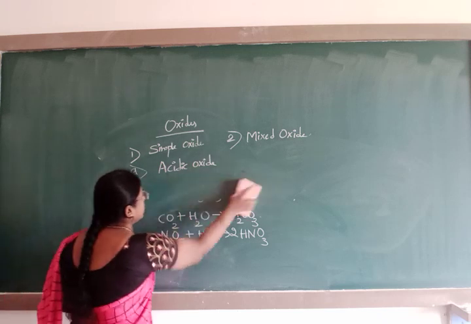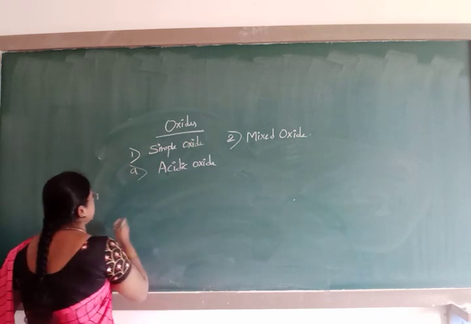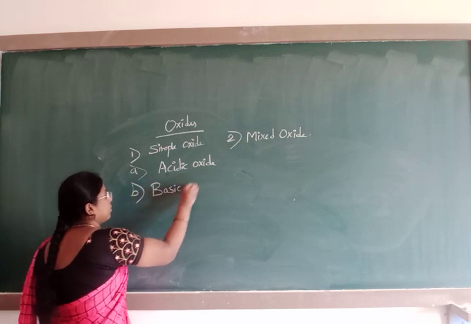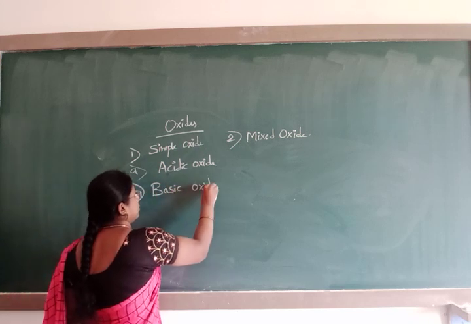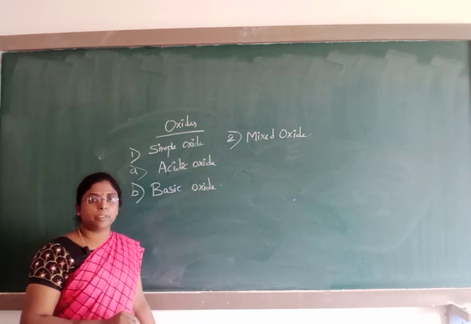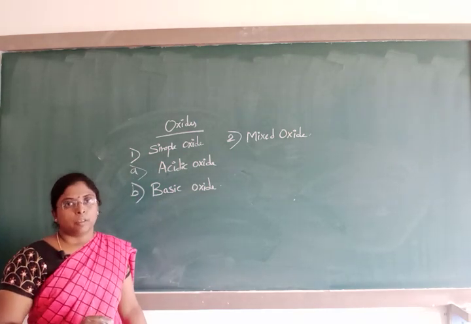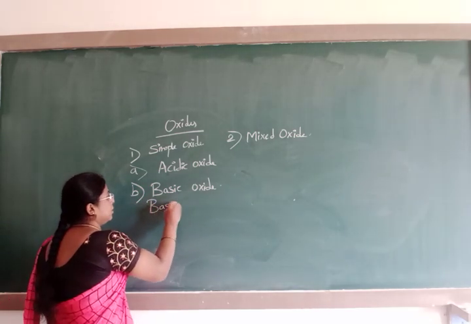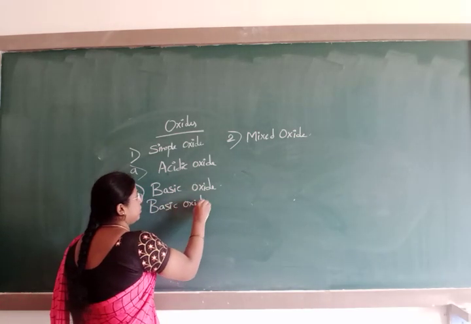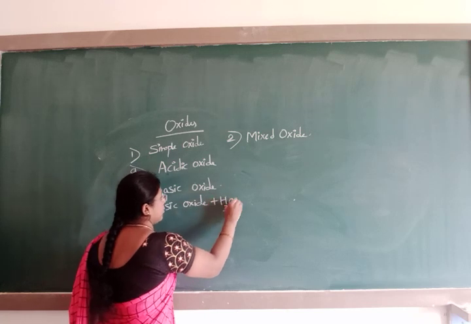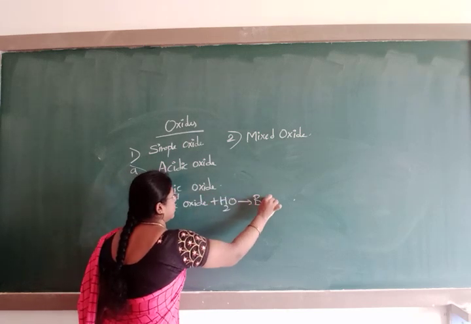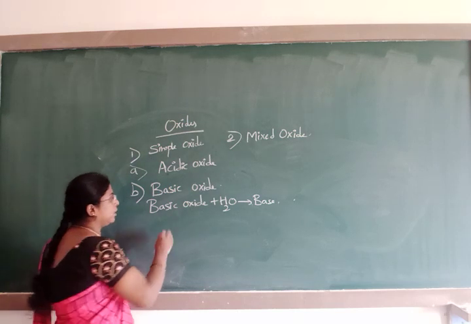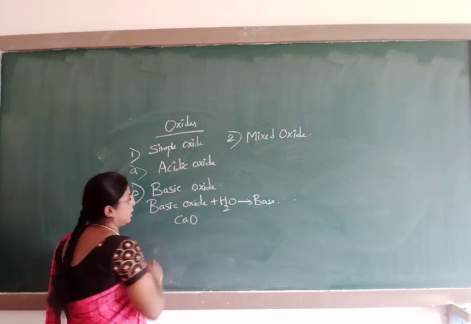After acidic oxide, second comes the basic oxide. When a basic oxide reacts with water, the product obtained is a base. An example is calcium oxide, CaO.